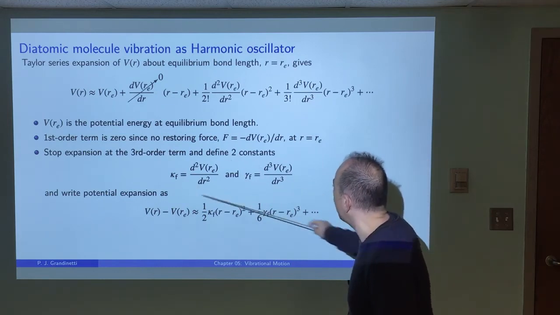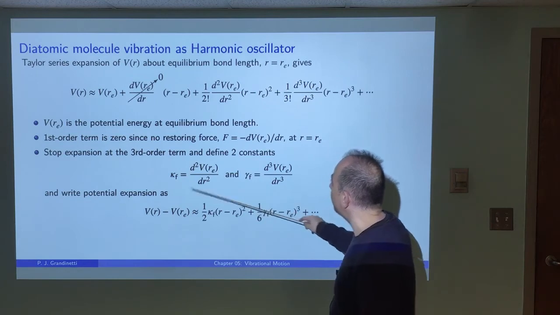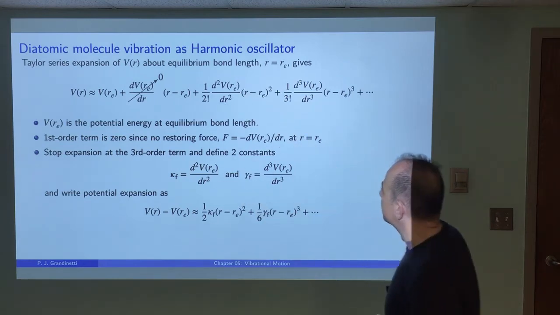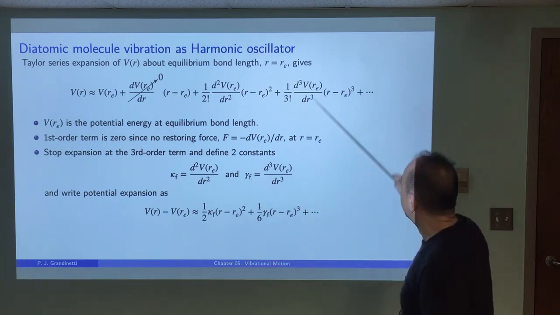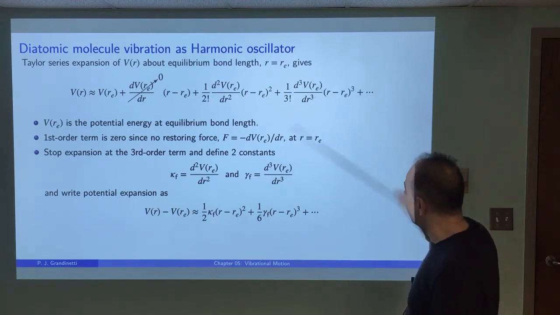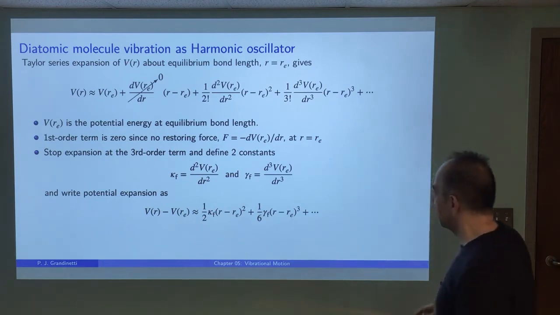So what we're going to do is define two constants. We're going to define our kappa_f, which we had earlier, as simply this second derivative of the potential. And now we'll define a new constant we'll call gamma_f, which is going to be the third derivative of the potential. And now we can take this expansion and rewrite it like this.